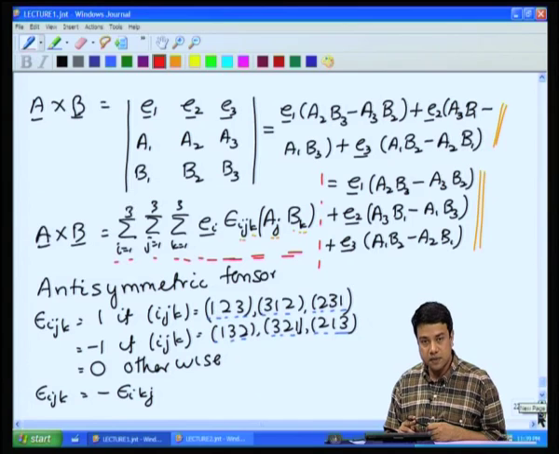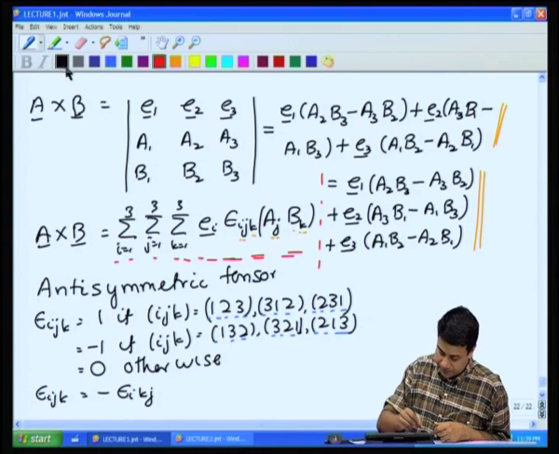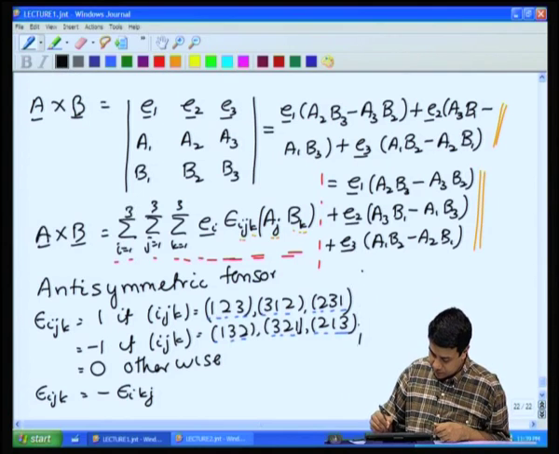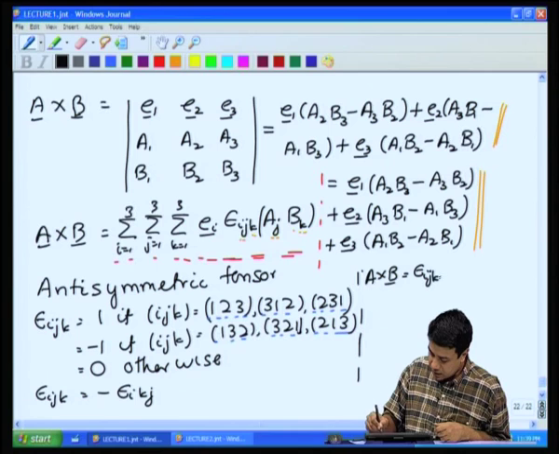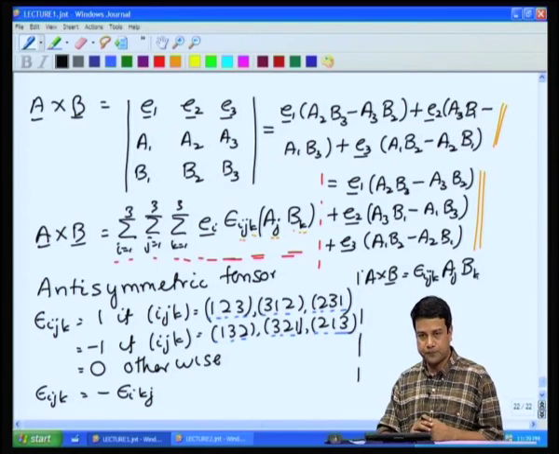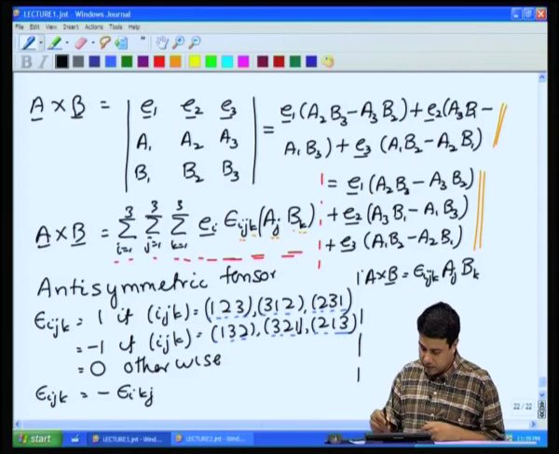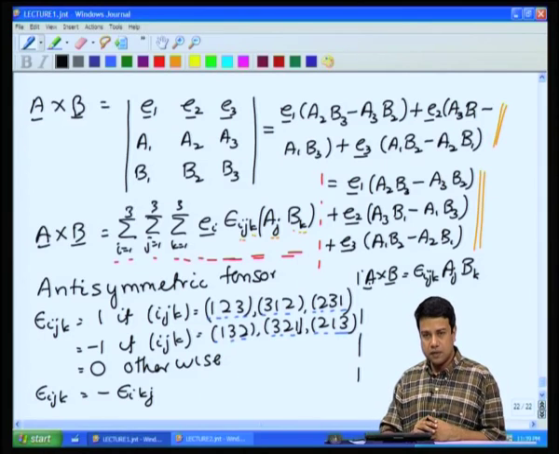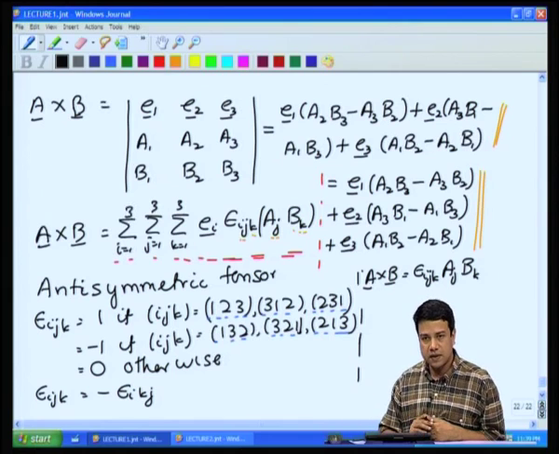So, back to my cross products. If I were to write this in my indicial notation, I would just write A cross B is equal to epsilon_ijk A_j B_k. If you look at the right hand side, there are 3 indices i, j and k.